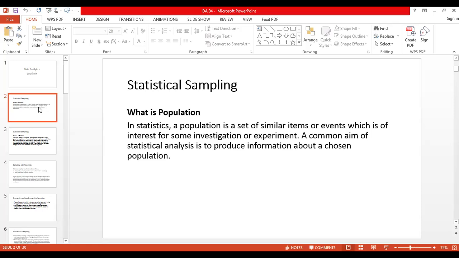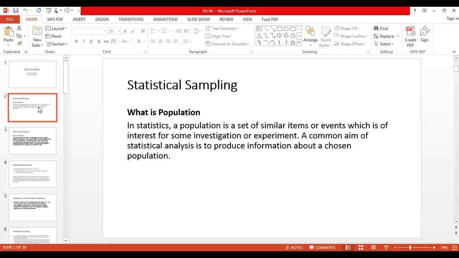So population is like the universal set of all the data that is of interest in a particular investigation or analysis. Let's say, for example, you want to do an investigation about GSS 3 students in Nigeria. All the GSS 3 students in Nigeria will constitute the population.